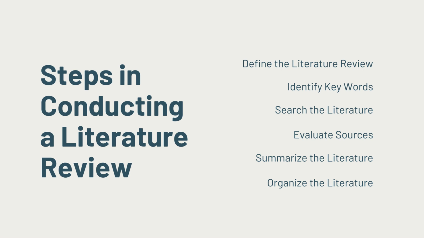So you can use databases like, for example, Google Scholar, which is probably the most popular go-to site for researchers, or you can look at other databases as well, such as JSTOR, PubMed, and ProQuest. They can help you find journal articles, books, and dissertations that are related to your topic. A well-conducted search ensures that your review includes the most relevant and recent studies.